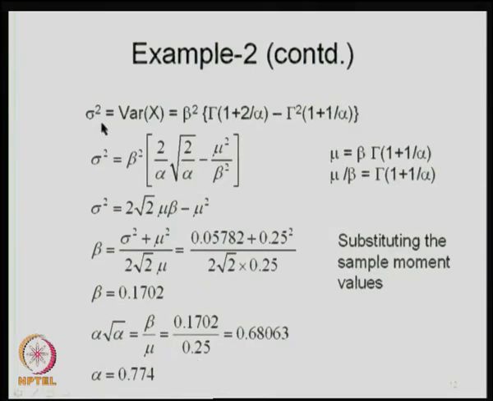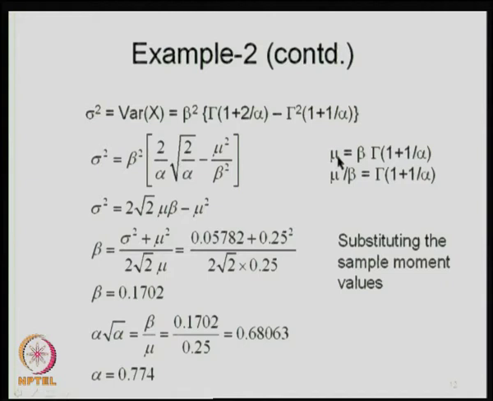Then we also use the variance. For the Weibull distribution, sigma square is given by beta square into the gamma function 1 plus 2 by alpha minus gamma square 1 plus 1 by alpha. Again, this 1 plus 2 by alpha we write as 2 by alpha root 2 by alpha. So, we have taken out beta square, and the first term, the gamma function of 1 plus 2 by alpha, we write as 2 by alpha root 2 by alpha, minus the gamma function square 1 plus 1 by alpha.